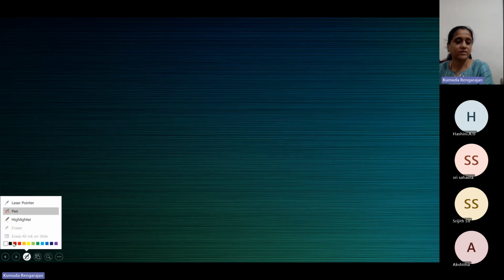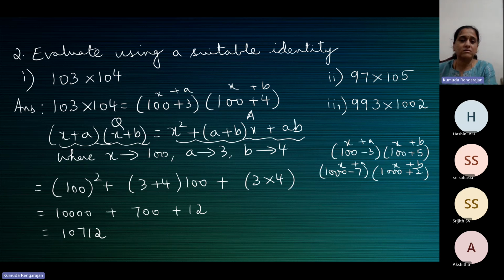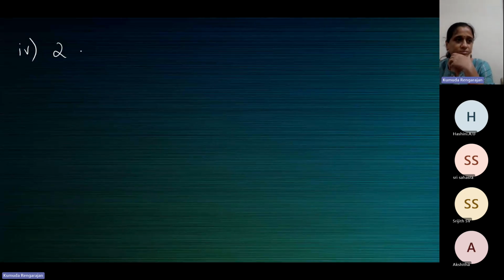Next one. Now, this is 2, 3. Should I continue 4? Okay, 4. This is the fourth one. Maybe you can leave some space if you're very particular about the sequence.